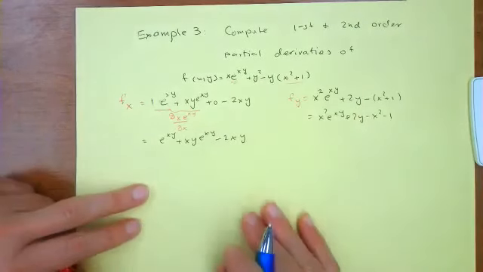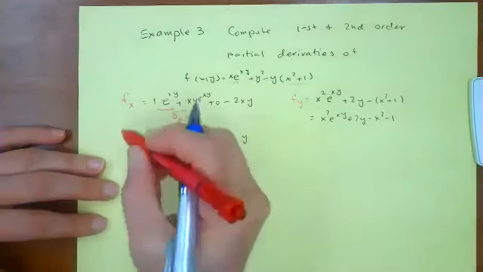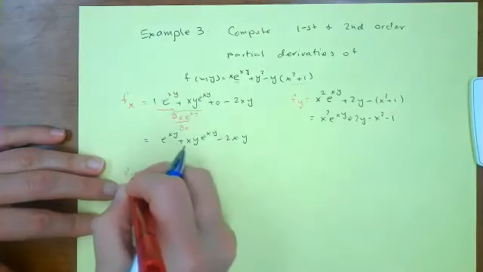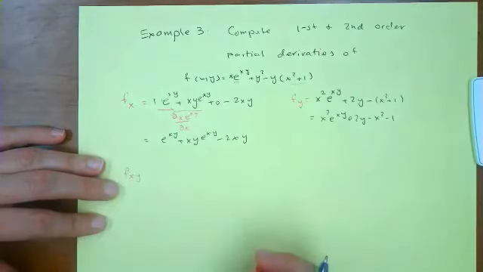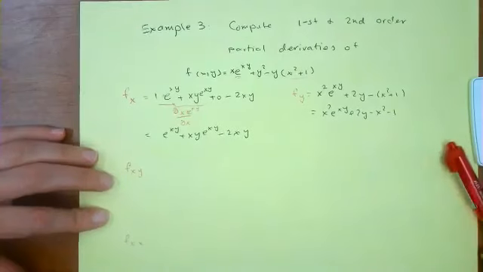Now, let's take one of the second derivatives. When I have f sub x, then I can either take f sub x sub y, or I can do f sub x sub x. So let's start with f sub x sub y.